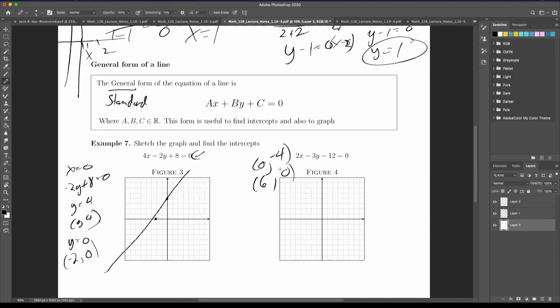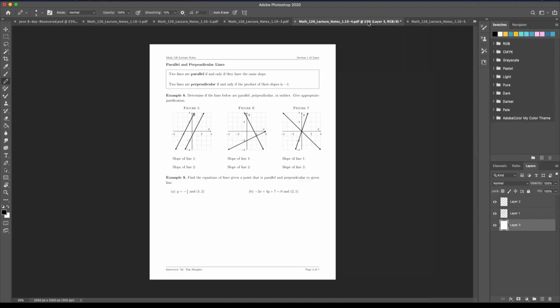Technically, if I was being pedantic, the intercept is 6, 0, but you gave me what I wanted. So here at 0, negative 4, down to negative 4, then over to 6, we have this line. And so that's how to use standard form to quickly graph lines. Maybe not as quick as slope-intercept form, but it's nice to know the intercepts straight away. And so that's why we use that equation of a line.